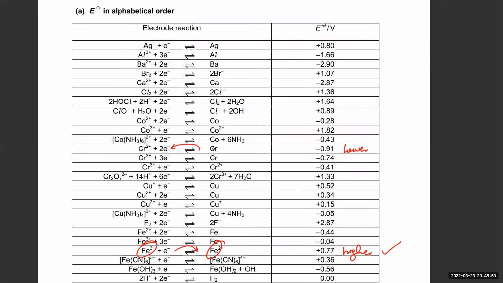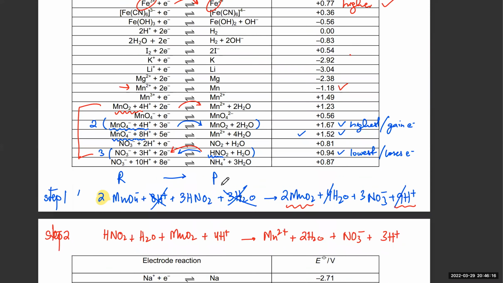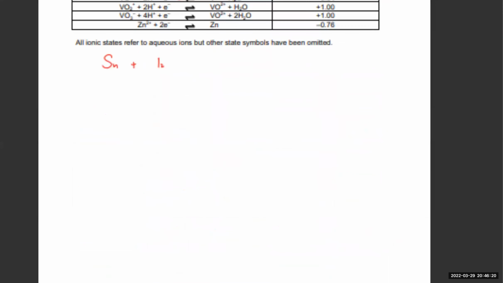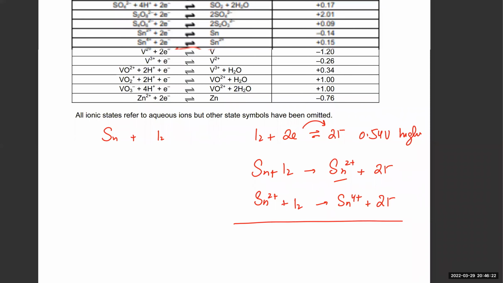Then chromium 2+ would lose electrons to form chromium 3+. Then chromium 3+ would further lose electrons because it's still the lower potential, right? So it will continue to get oxidized as long as this other thing has the higher potential, S2O8. So is this part clear?